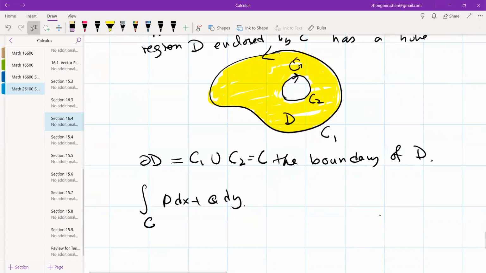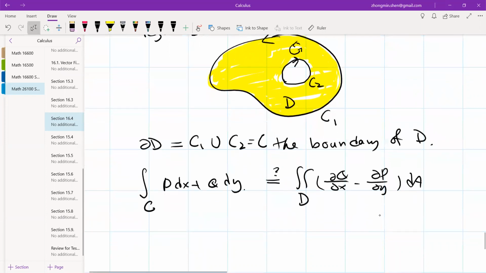All right. So does this curve integral still equal the double integral of the function over D, the region with the hole there? The answer is yes. The question is, how do you prove it? Why is this still true? Okay. The idea is very simple. To prove that, you divide this region into two parts, cut it, right?